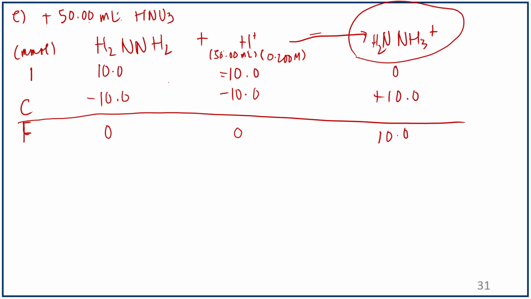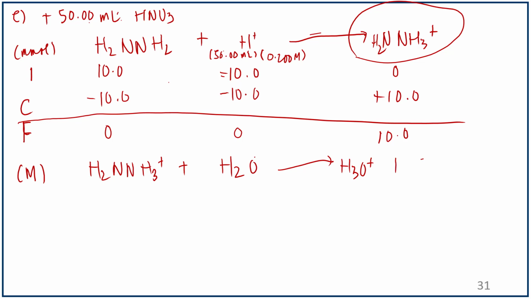So to determine what the hydronium concentration is as a result of the hydrazonium ion hydrolyzing in water, we have to write an ICE table. So that should be hydrazonium, and when it reacts with water, water will serve as the base to produce H3O plus and hydrazine.